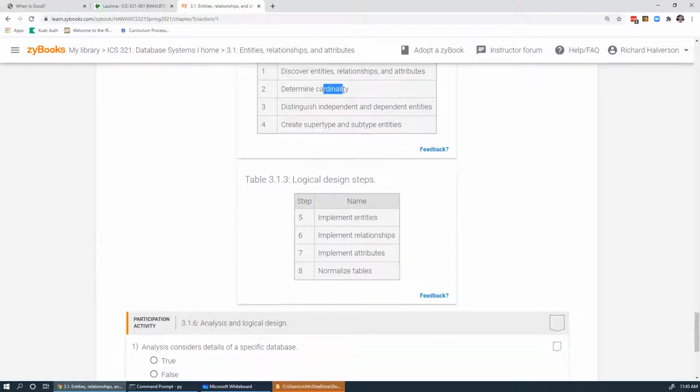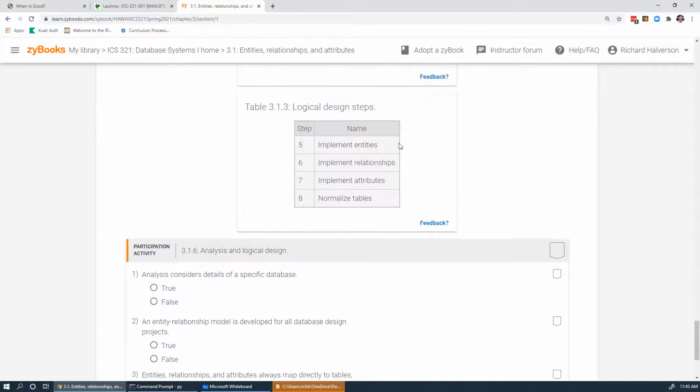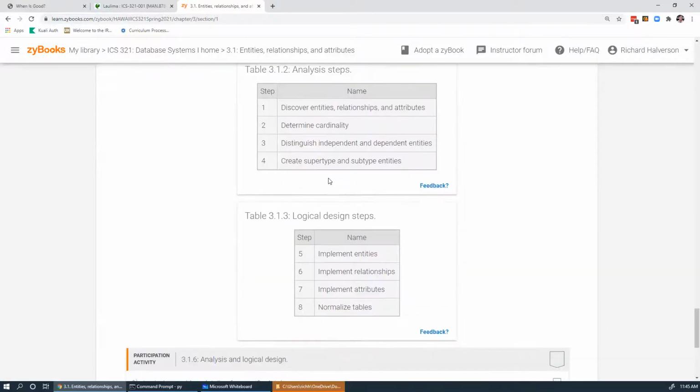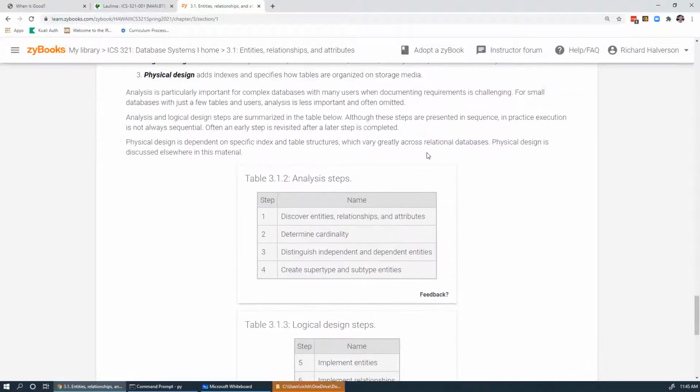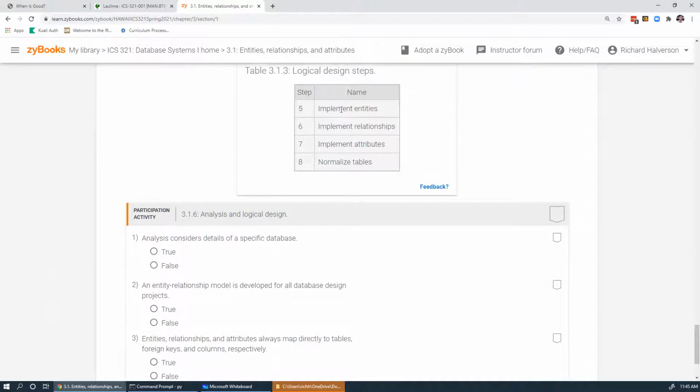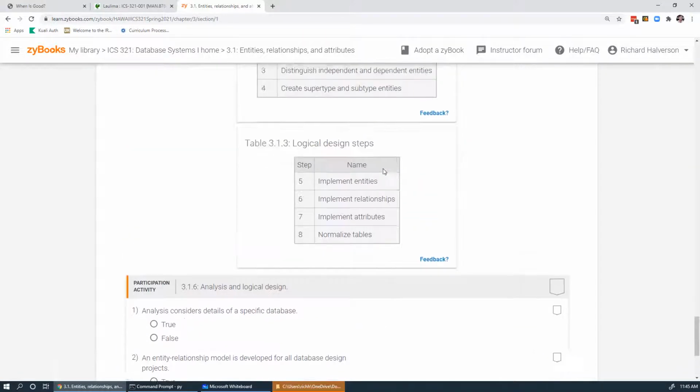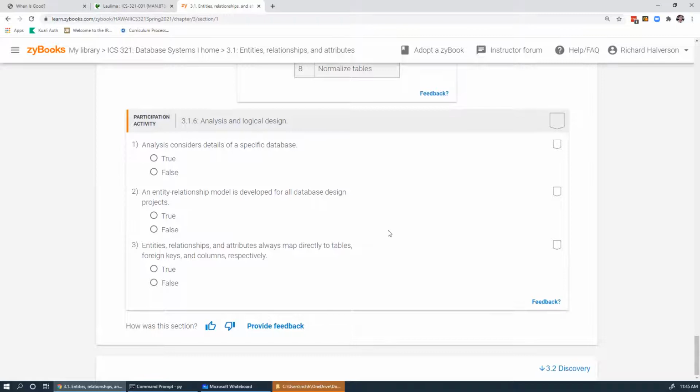This is the relationship between the many to one or many to many or whatever, dependent and independent entities. And then in these steps, I'm not completely sure what those are. You implement the entities, implement the relationships, and then the attributes, and normalize the tables.